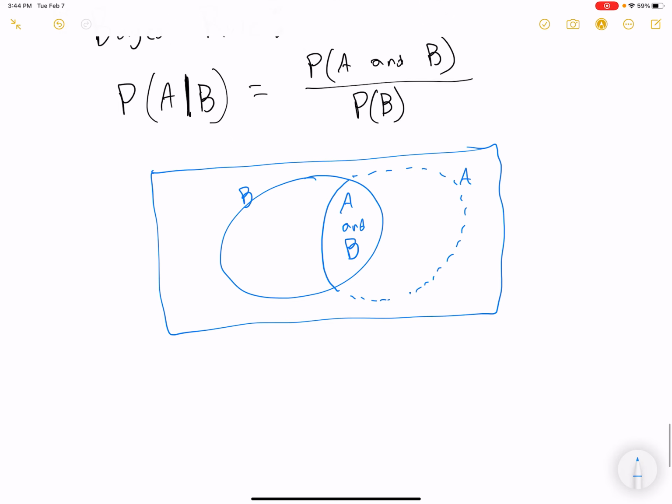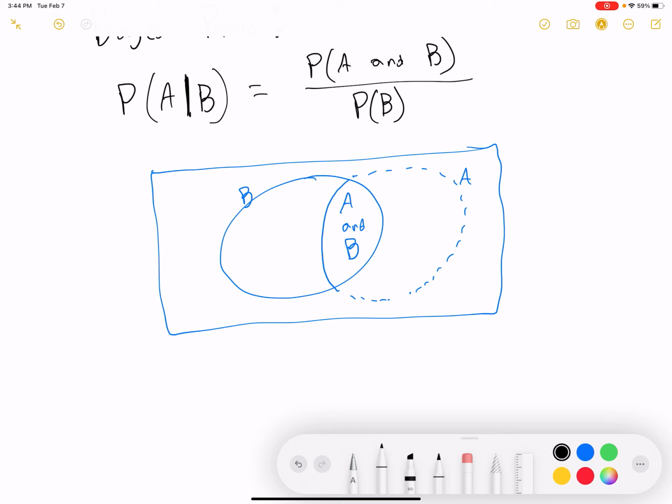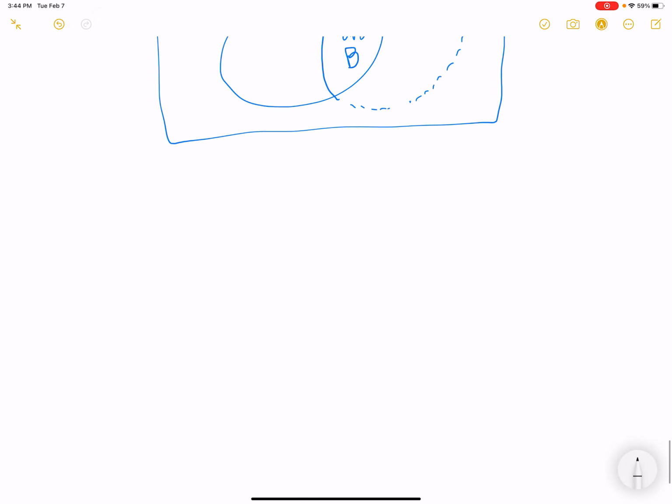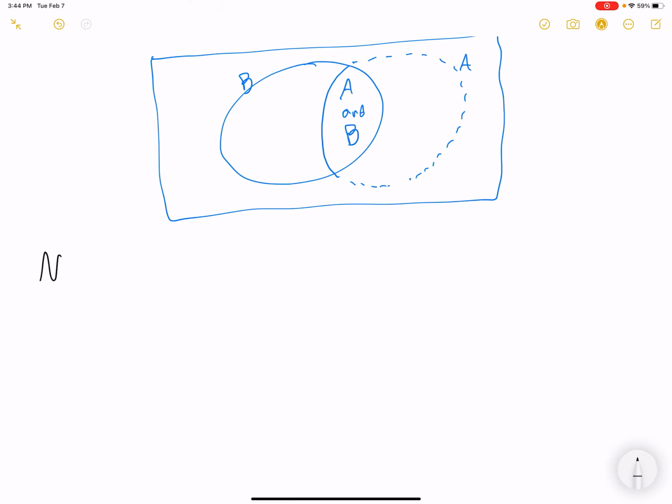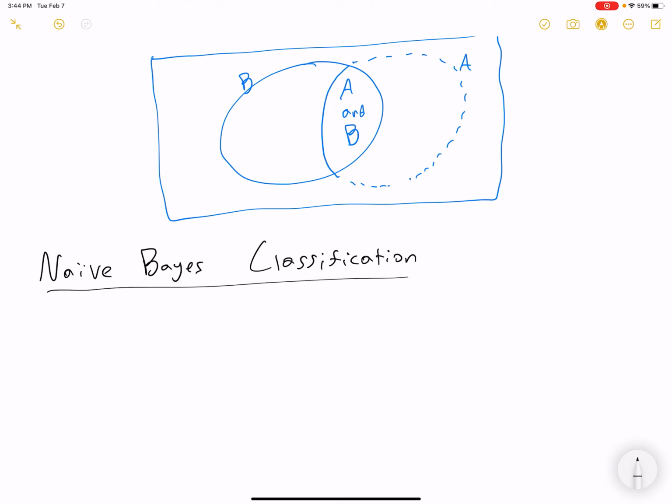And so just a sneak peek to naive Bayes, and we'll have a whole class on this later, pretty soon actually. In naive Bayes classification, which is a non-parametric classification method, meaning that we don't learn parameters, i.e. we don't use gradient descent in naive Bayes, we simply model probabilities.